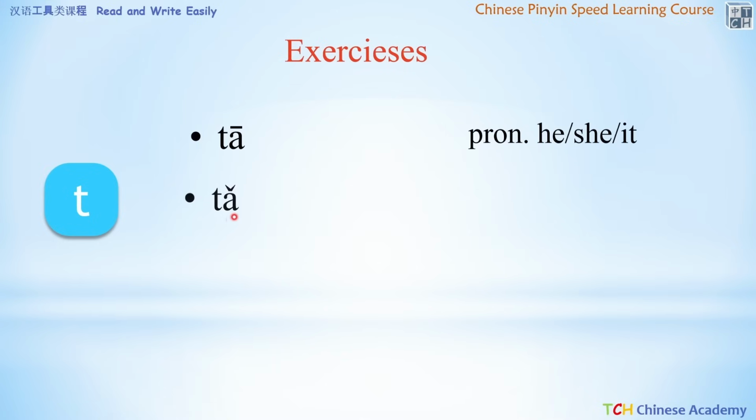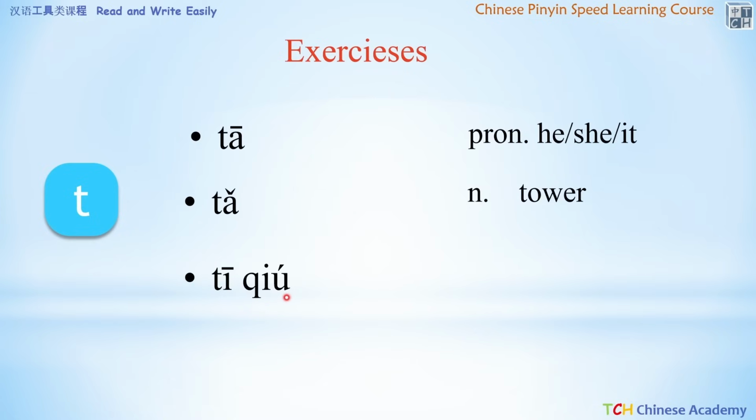And this one is the third tone, tǎ, and that is a tower in English. And this one is tī, the first tone, and this one is totally new, and we will learn that later.